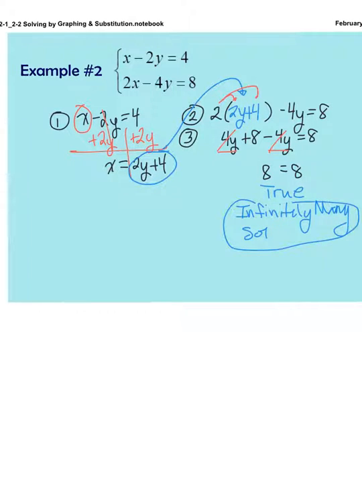So that is your answer. And so again, these are coinciding lines. So because they're coinciding, they have a solution, so they are consistent. But because they do not have a unique solution, they are dependent.